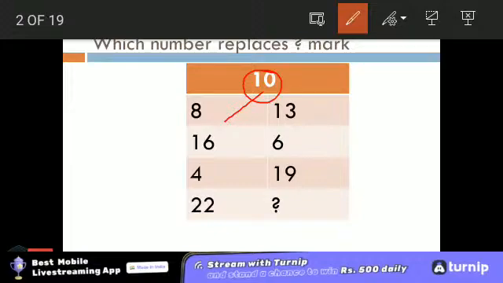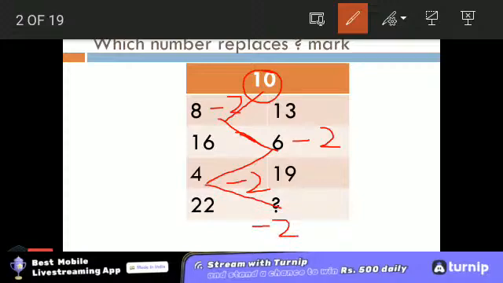It is minus 2, we got 8. Then we went from here to here, towards the right side. 8 minus 2 gives us 6. Then we come towards the left side. 6 minus 2 gives us 4. And then we again come to the right side by subtracting 2 and we got the answer as 2.